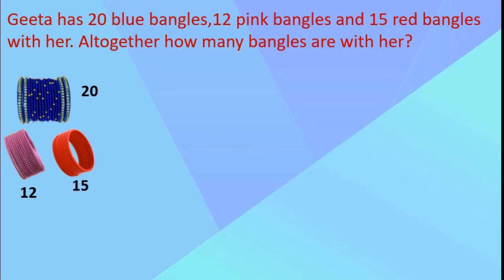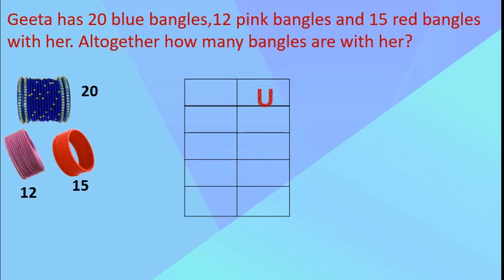We will add all 3 numbers so that we get the total number of bangles she has. Now here 2 digits are there, so we have to write units and tens. Correct? First we will write blue bangles, that is 20. Then pink bangles 12. Then red bangles 15. We will put a plus sign.